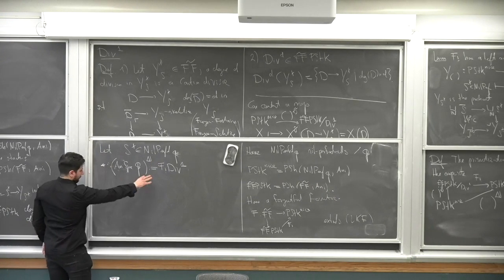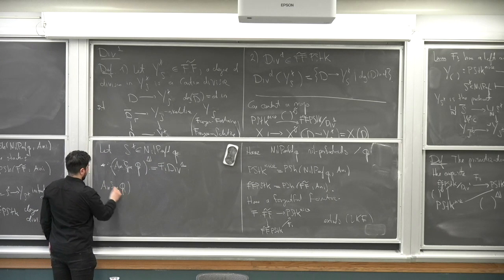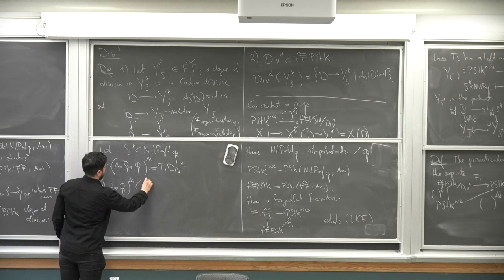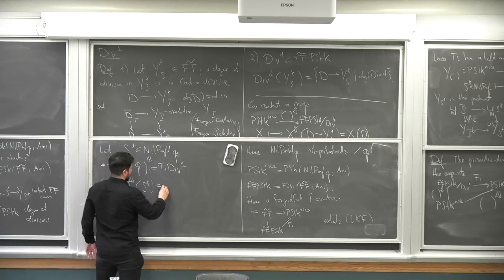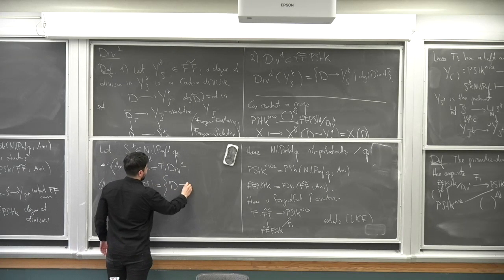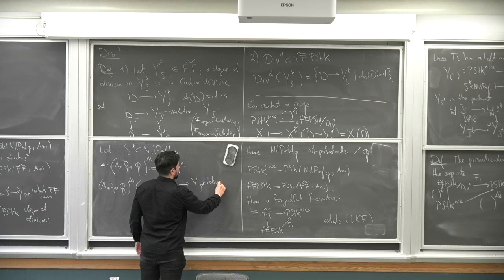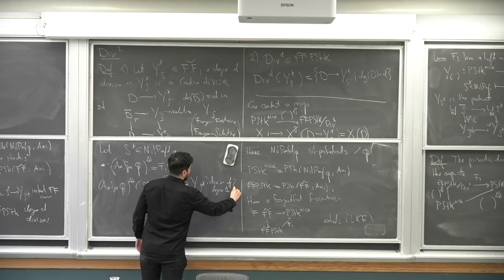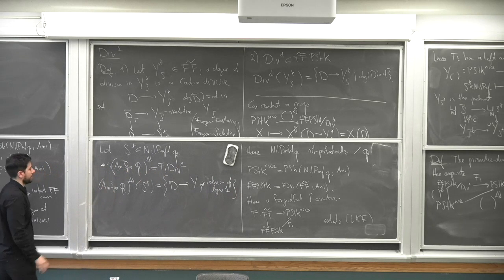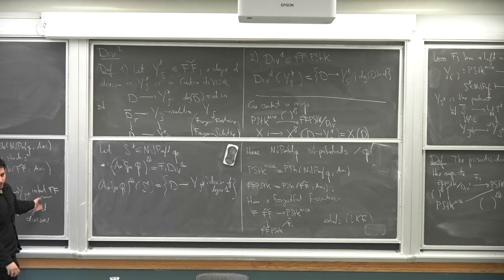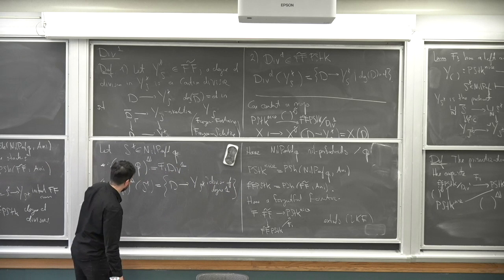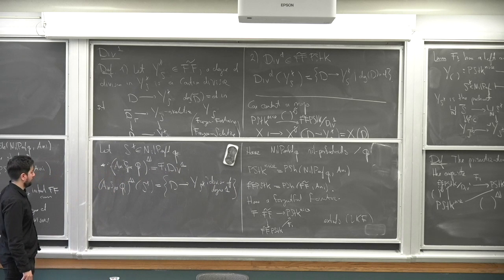So by definition, this thing evaluated on some perfectoid is just the groupoid of all the Cartesian divisors of this. This is something that we're going to compute at the end, what this actually looks like from that definition.